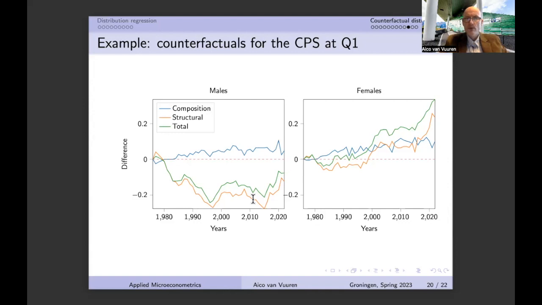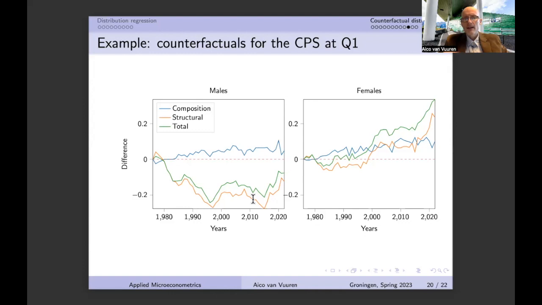The question, of course, arises, why might this be the case? Well, this has all to do with the so-called increasing college premium over time. There has been written a lot in the United States about this increasing college premium, but even here in Europe there has been a large increase with respect to the college premium.